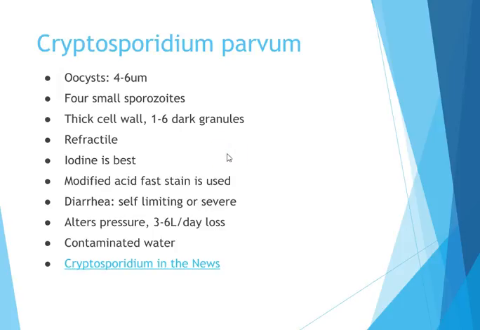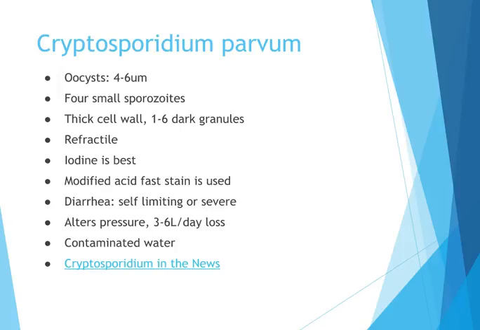Patients have cryptosporidiosis, which causes diarrhea, and it can be a severe diarrhea or diarrhea that's not a big deal, and it can be self-limited. This organism will alter the pressure in the intestines, causing a cholera-like diarrhea in which they lose a lot of fluid. They can lose from 3 to 6 liters a day.